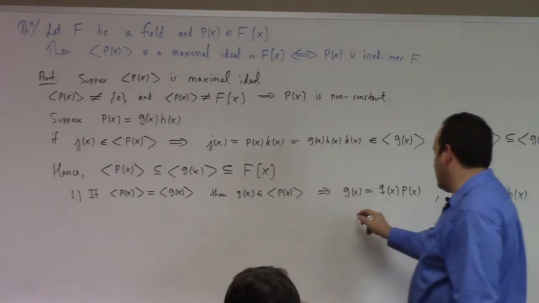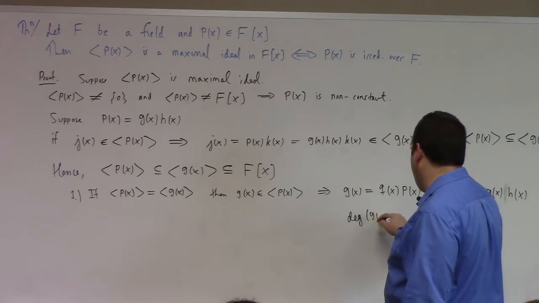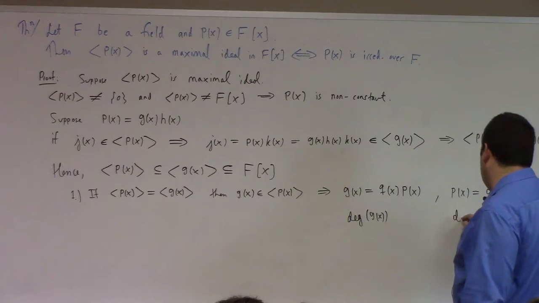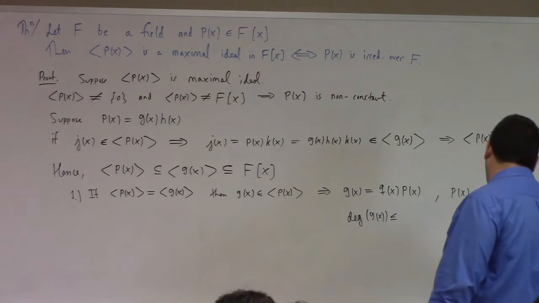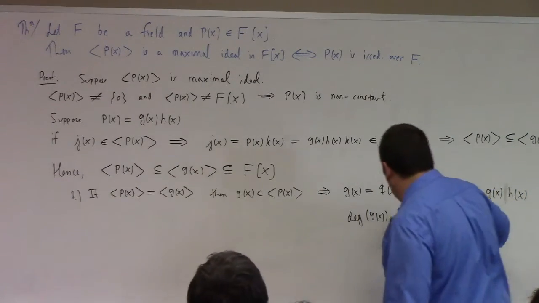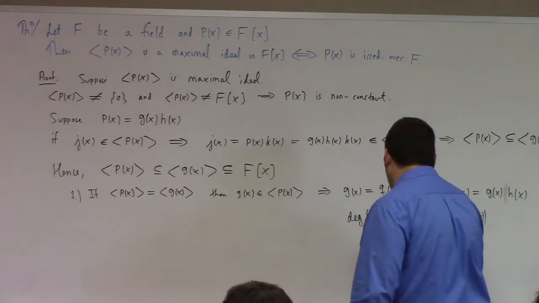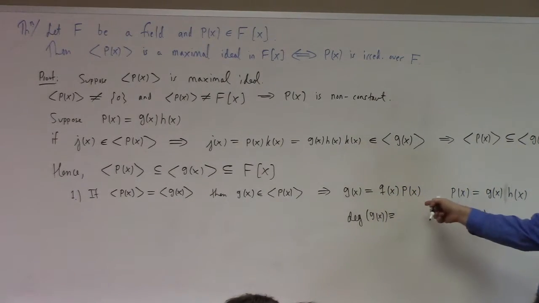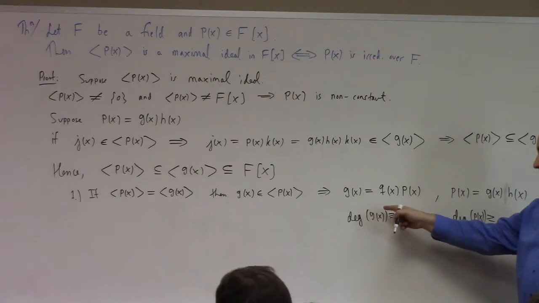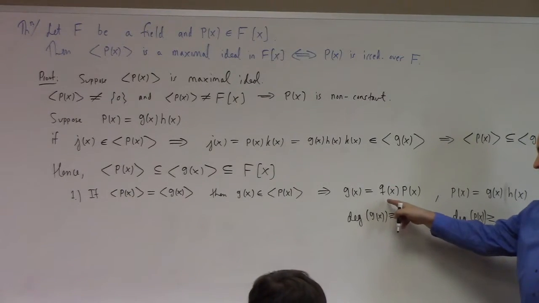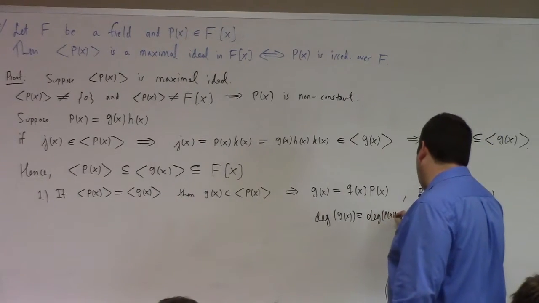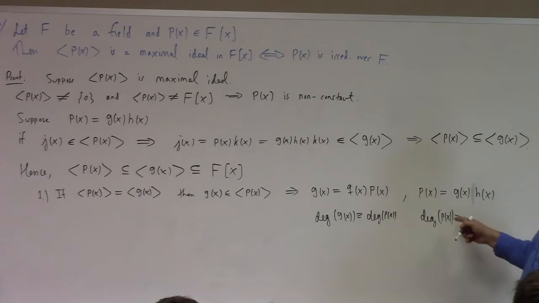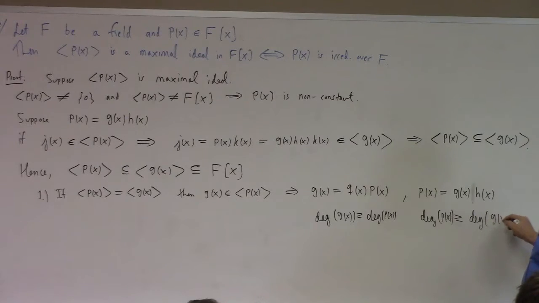So this tells us that the degree of p is greater than or equal to the degree of g. Excuse me, I wrote it wrong. So by the properties of the degree function, the degree of g(x) is greater than or equal to the degree of p(x), and here the degree of p(x) is greater than or equal to the degree of g(x).